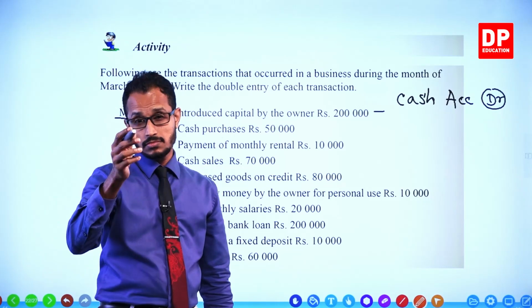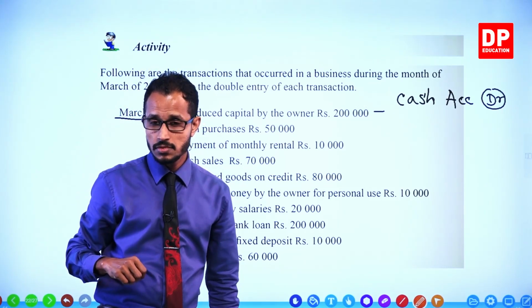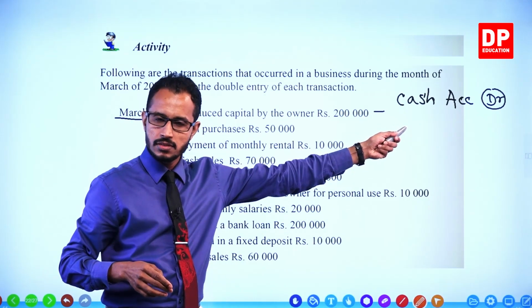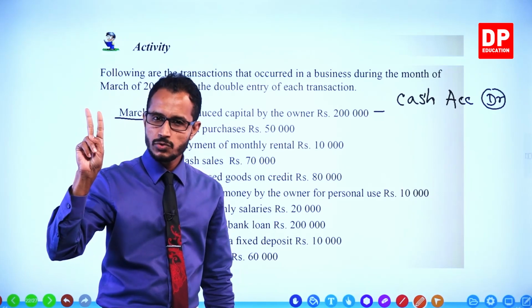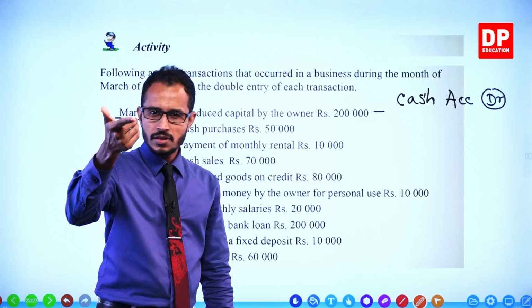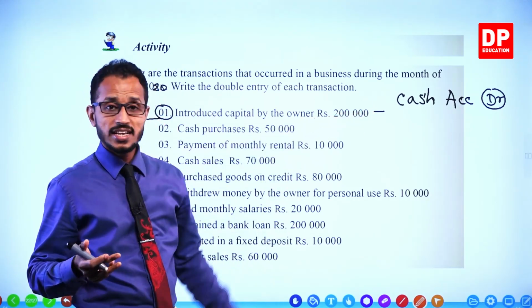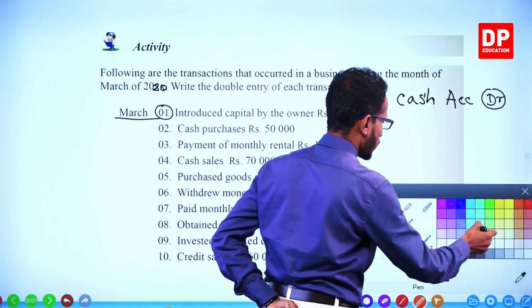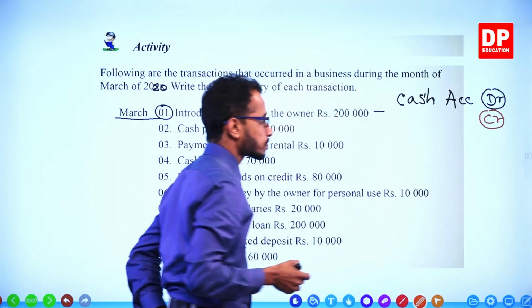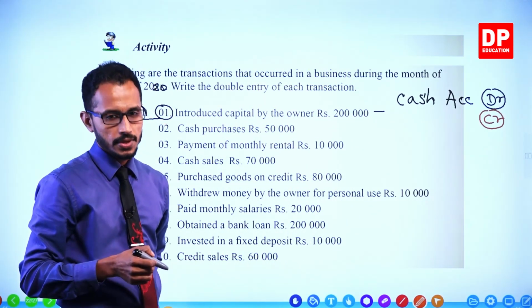And what is the double entry? I'm asking you for the next entry. You know that every transaction should have 2 entries. Tell me. The credit side entry should go to which account? Capital account.